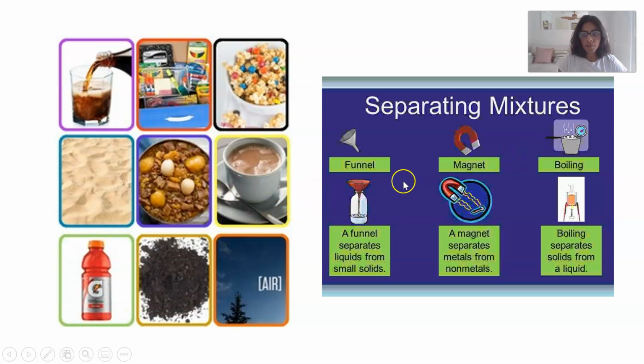We could filter to separate the solid parts in our cereal and get out the milk. If we had something metallic and non-metallic, we could use magnets to separate them. Now, even though some of these things may look like they're hard to separate out from each other, it can be done, so therefore it is just a mixture.